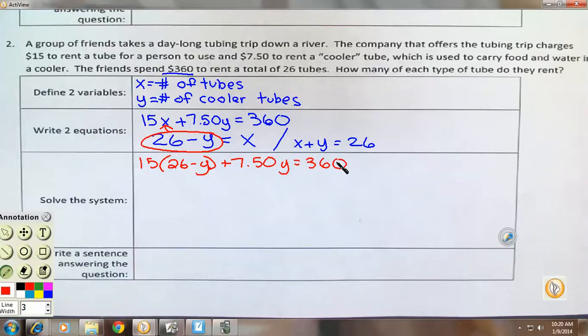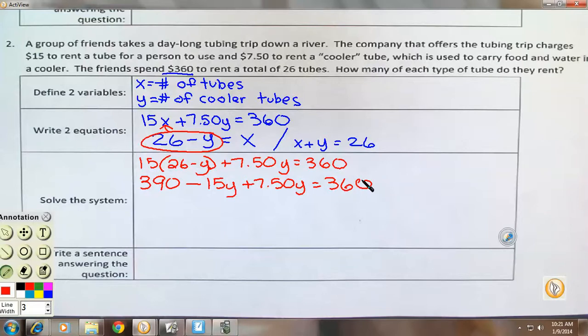So let's distribute 15. 15 times 26 is? 390. 15 times negative y? Negative 15y. 750y equals 360.